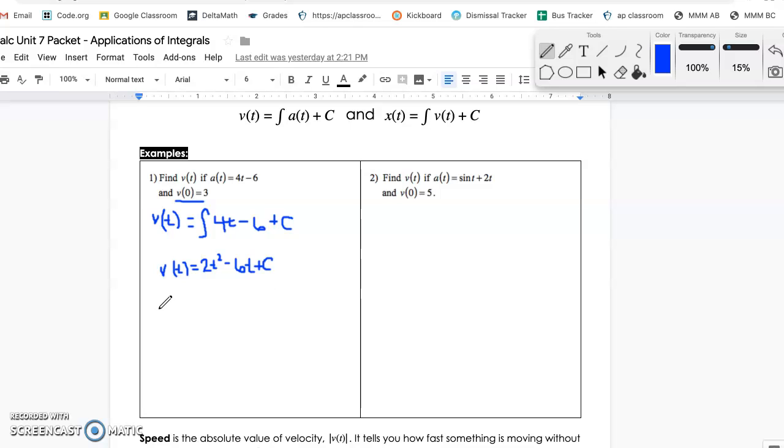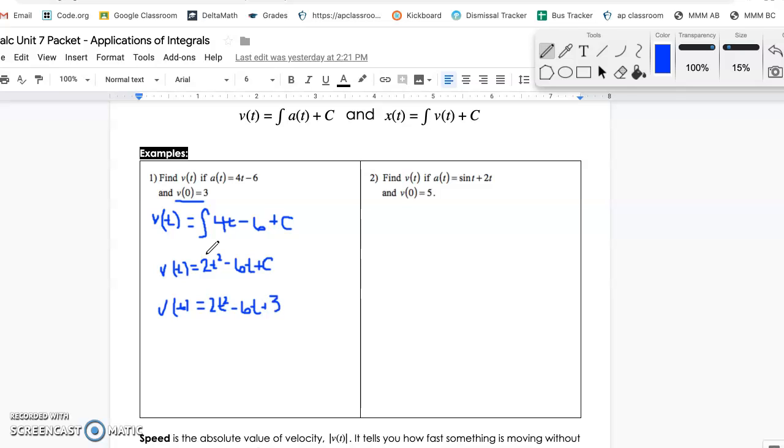So you can say v of t equals 2t squared minus 6t plus 3.